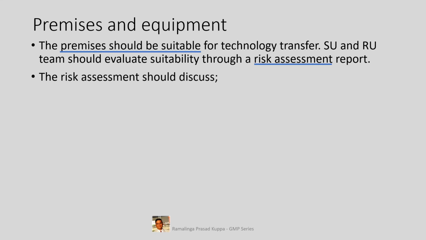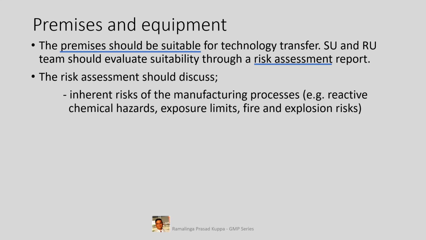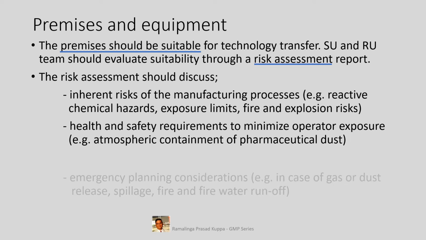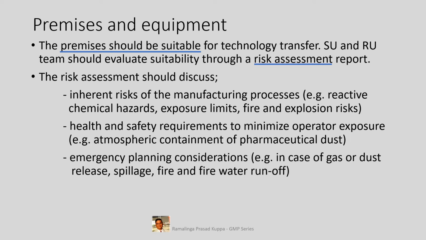The risk assessment should include inherent risks of the manufacturing process, example reactive chemical hazards, exposure limits, fire and explosion risks, health and safety requirements to minimize operator exposure, example atmospheric contamination of pharmaceutical dust, emergency planning considerations, example in case of gas or dust release, spillage, fire and firewater runoff, waste streams disposal and recycle.